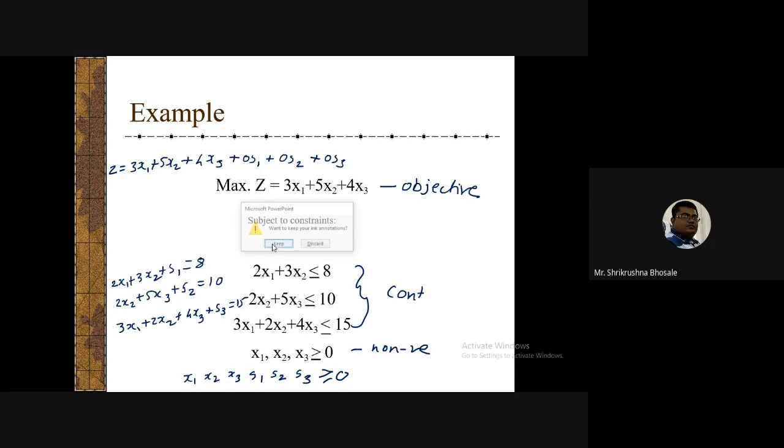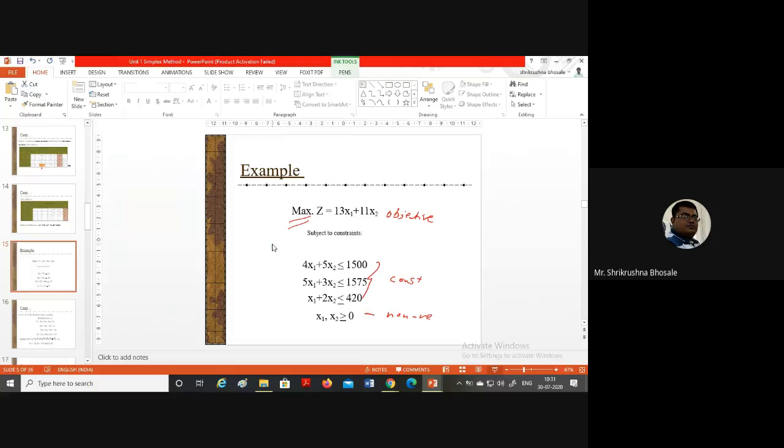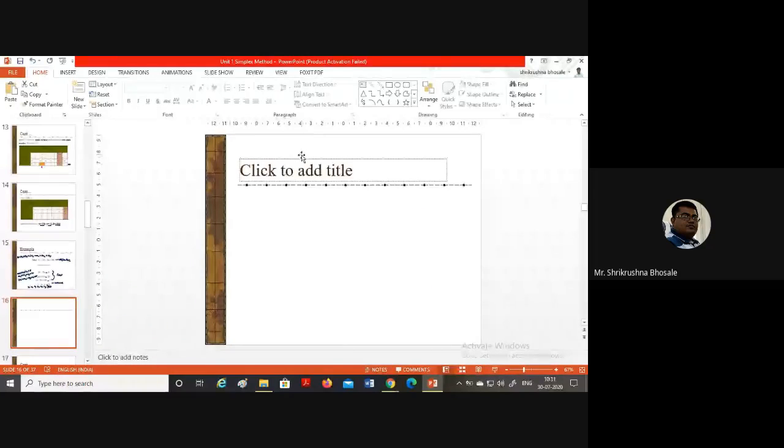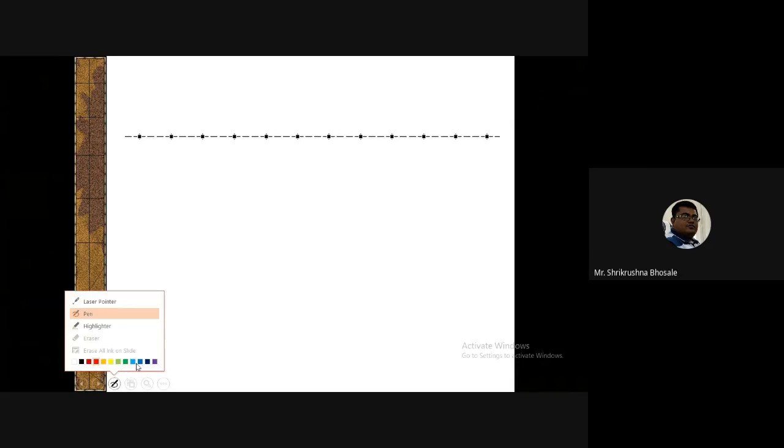I will just add one more slide below this. For the understanding of some students, I will first give you a particular thing. I will prepare the first table here. I will write Cj at the upper side.